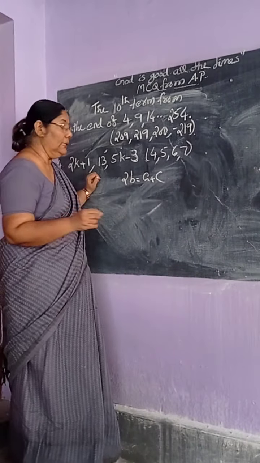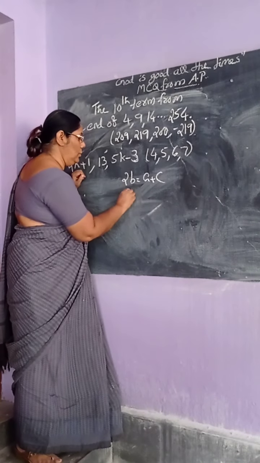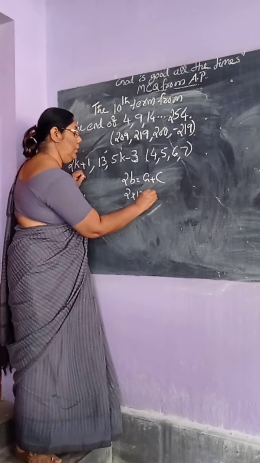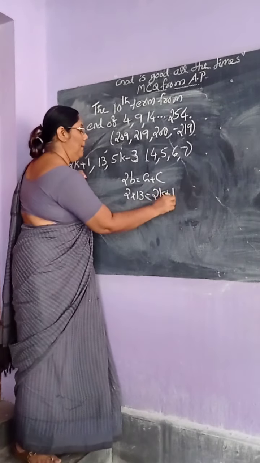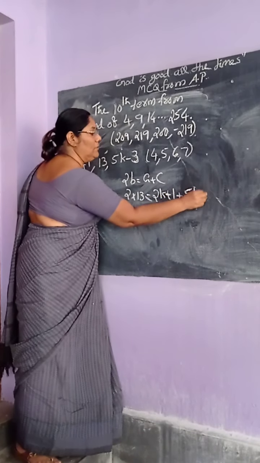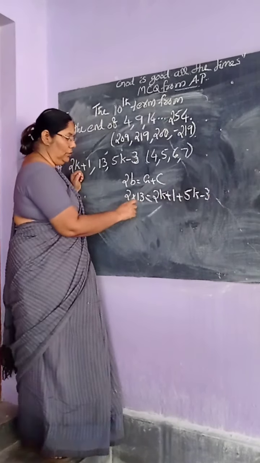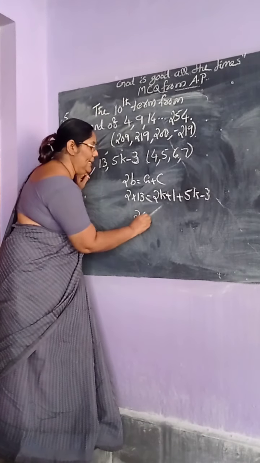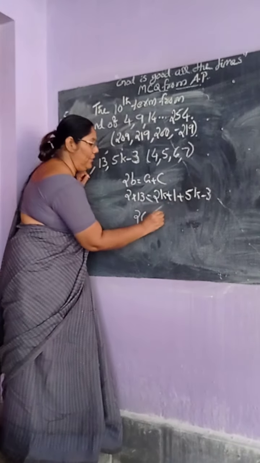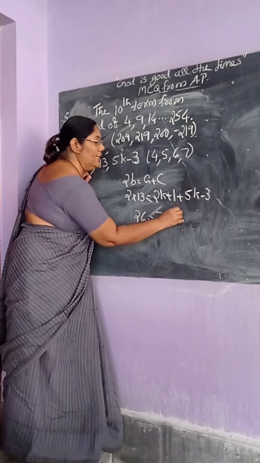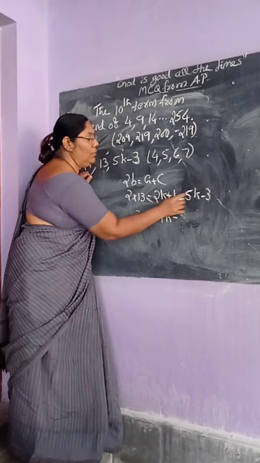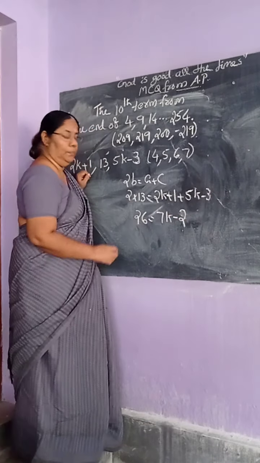2b equal to a plus c. Twice the middle term, that is 2 into 13, is equal to 2k plus 1 plus 5k minus 3. 2 into 13 is 26 equal to 2k plus 5k, 7k, minus 2. Plus 1 minus 3 is minus 2.